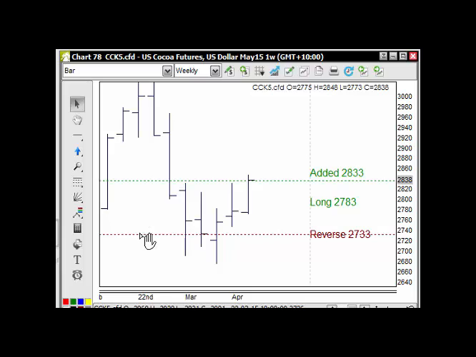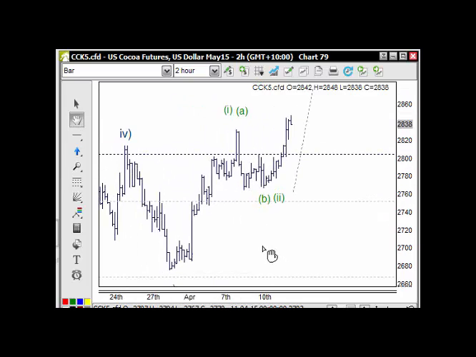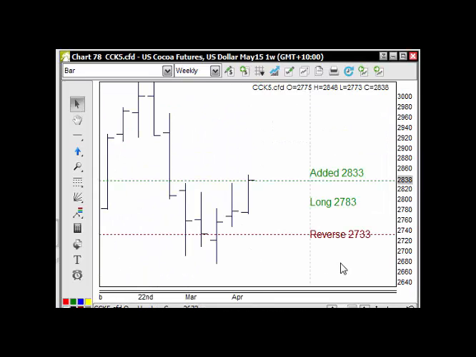The cocoa market, we're long here and we've added at 28.33 here, and our reverse is a little bit lower here, simply because we wanted to accommodate a corrective move back if that's the case. So I don't need to do that now. In fact, I need to make an adjustment there. We can put this back up here where it should be.